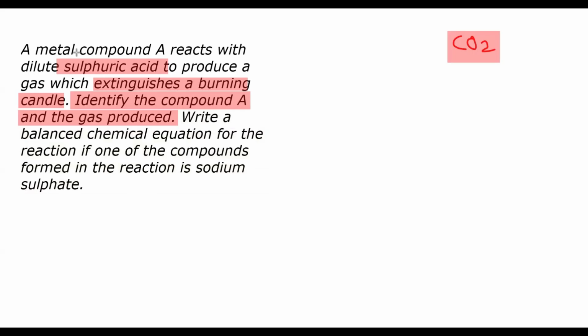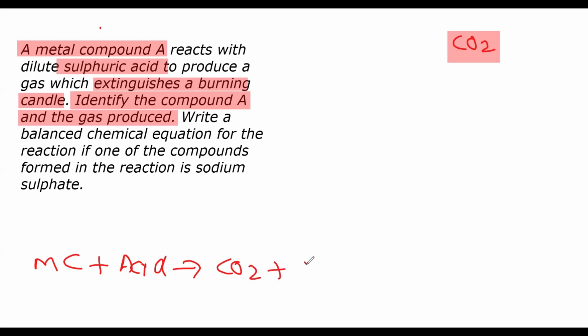So here the metal compound A can be what? You know that metal carbonates or metal bicarbonates, if I write down the general formula, metal carbonate, I'll just use a rough symbol, reacts with any dilute mineral acid to give what? Carbon dioxide, and a salt is produced. Now check here. We have to write down the balanced chemical equation.